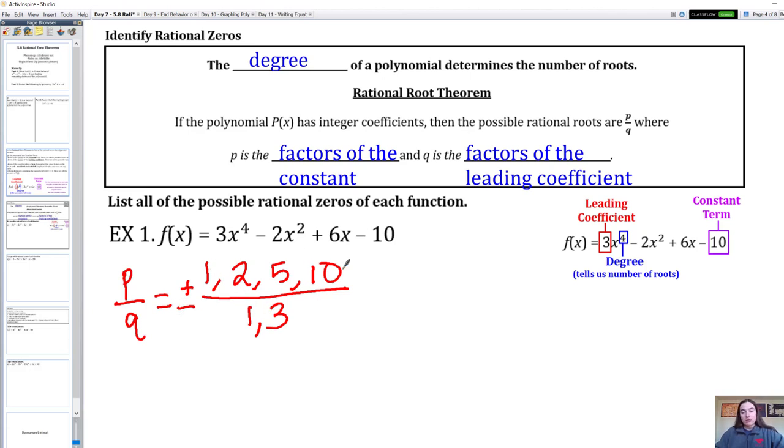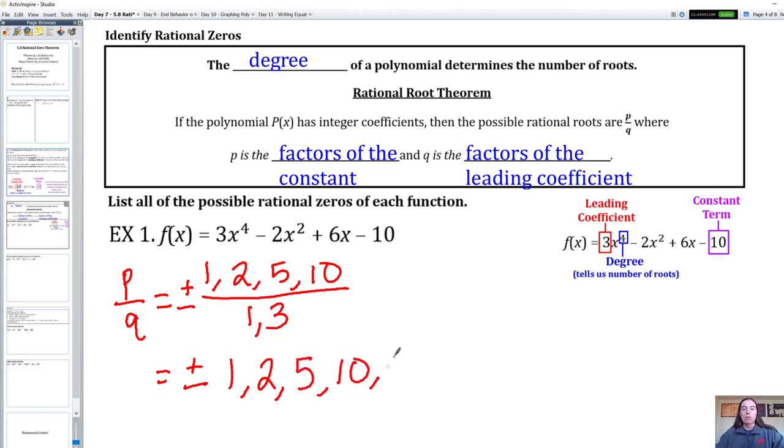So now let's go ahead and simplify each of these. I'm going to do 1 divided by 1, 2 divided by 1, 5 divided by 1, and so on. That leaves us with plus or minus, and I'm going to make my list. 1 divided by 1 is 1. 2 divided by 1 is 2, 5 divided by 1 is 5, 10 divided by 1 is 10.